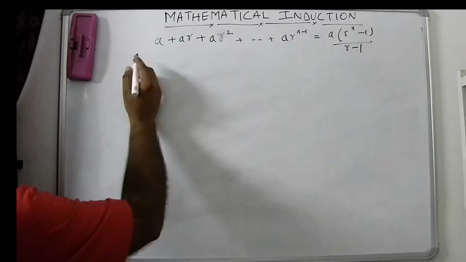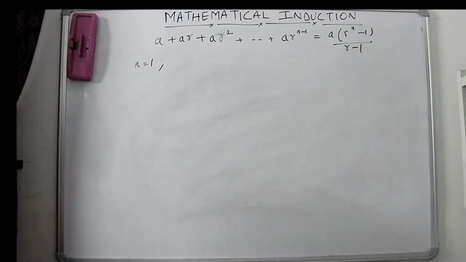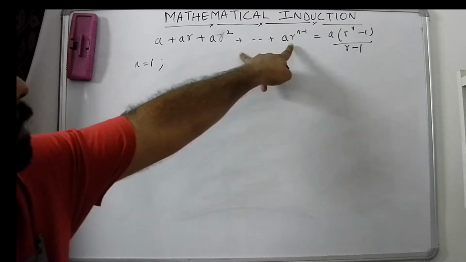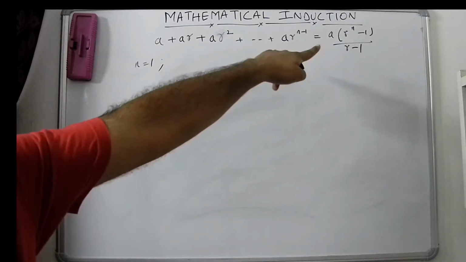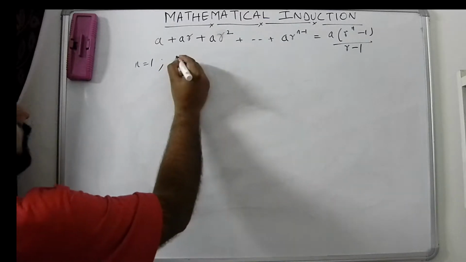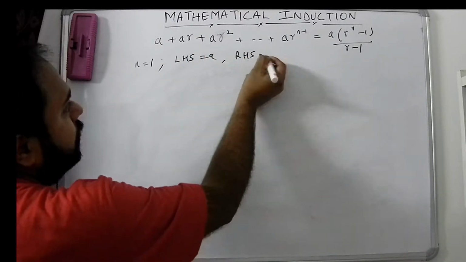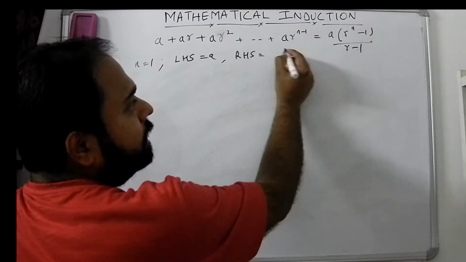So let's start for n is equal to 1. For n is equal to 1, r to the power 0 is 1, so LHS is a, and RHS, when I put n equal to 1, I get r minus 1 and r minus 1 cancel, so it becomes a.